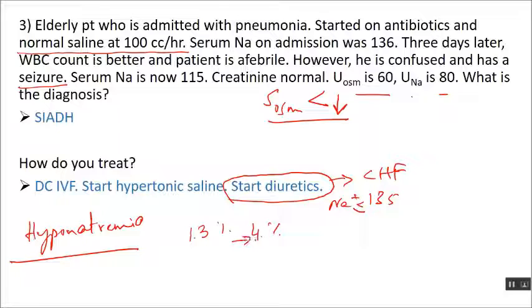So of course, more than double the mortality, and as the degree of hyponatremia gets worse, and remember that we talked about mild, moderate, and profound, the mortality increases.